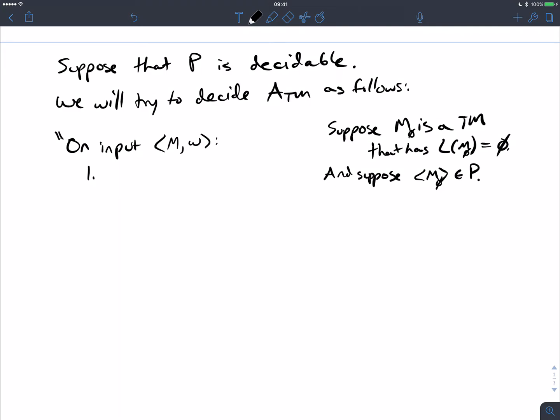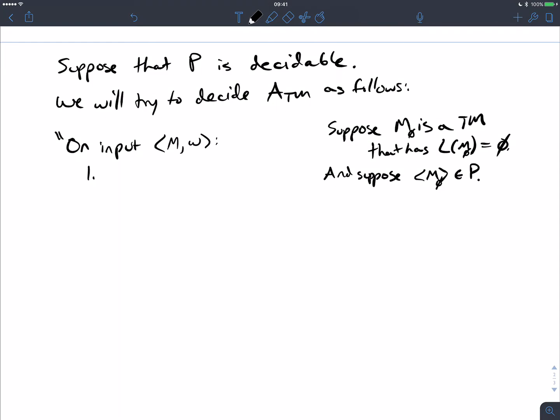Well, what if it didn't have property P? If I show P is undecidable, is P bar decidable? Or is it also undecidable? Well, its complement. We showed that decidable languages are closed under complement.